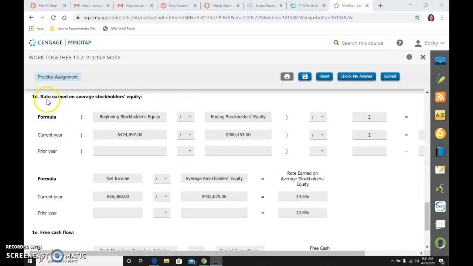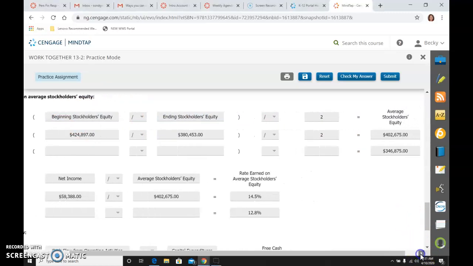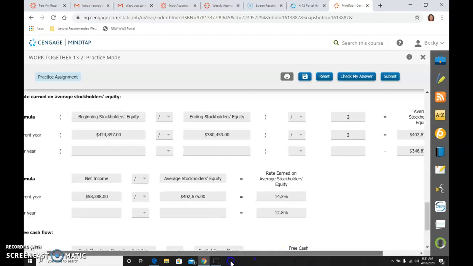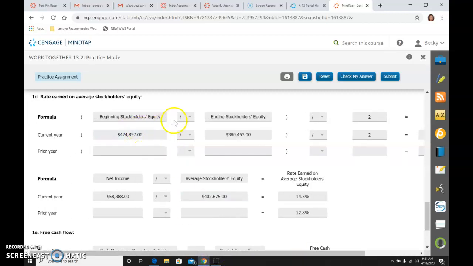And then the fourth one is the rate earned on average stockholders' equity. Again, as I see average, I think I need to calculate my average stockholders' equity, so I'm doing that here. Let me flip over real quick so you can get those two numbers if you need to pause it. Once I've calculated the average, I know to figure out what's in the numerator and denominator.